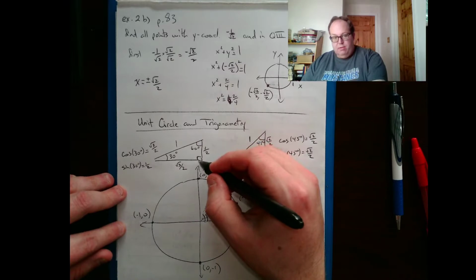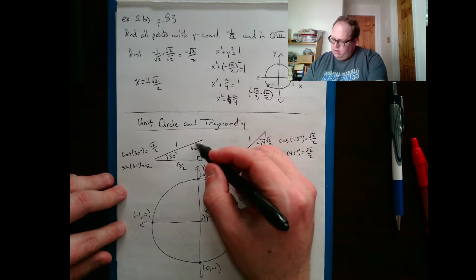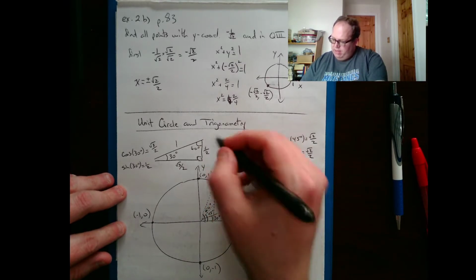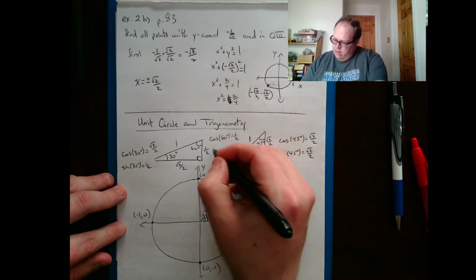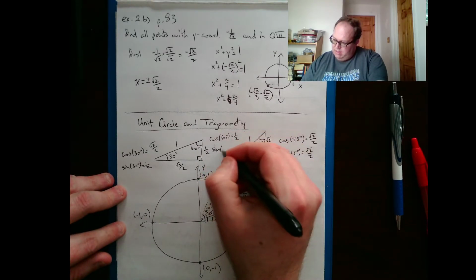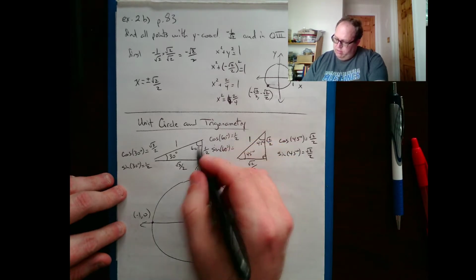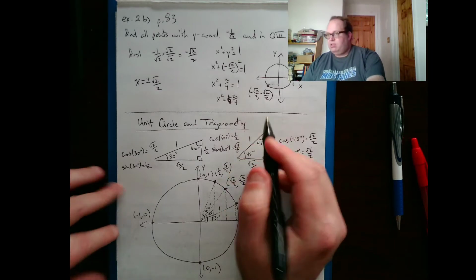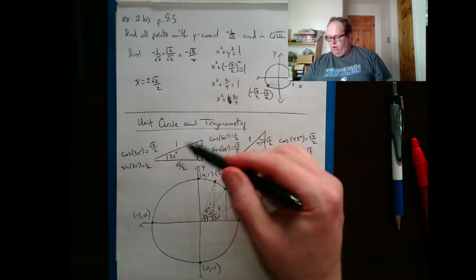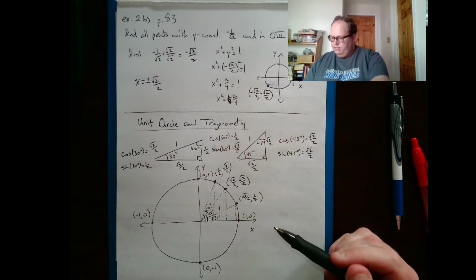But if I think about this triangle, the cosine of 60 degrees should be my adjacent side of 1/2, and the sine of 60 degrees should be my opposite side of √3/2. I should stress in each case that it'd be divided by 1 because that's my hypotenuse.